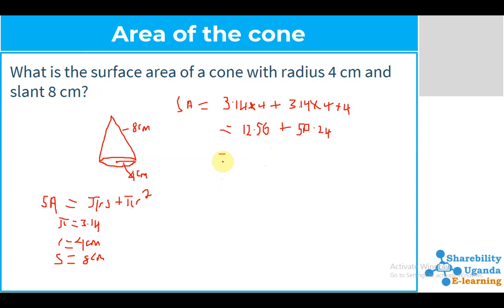So here we get 62.8. This becomes our area, and the unit is centimeters squared. In that way we have solved for the surface area of that cone.